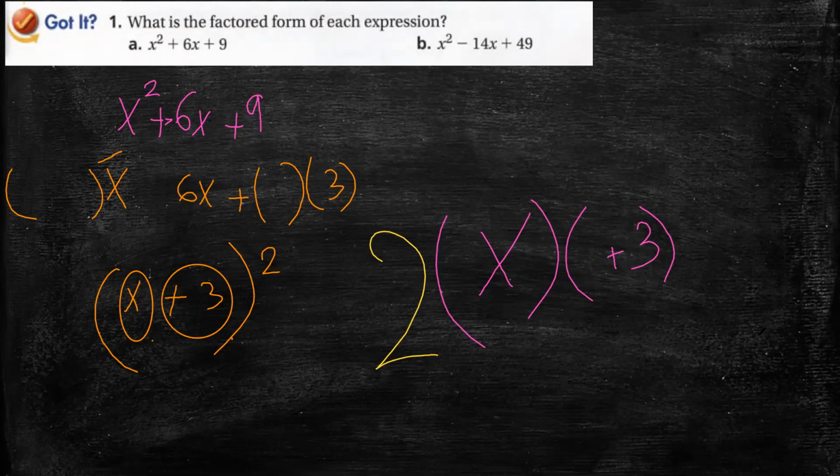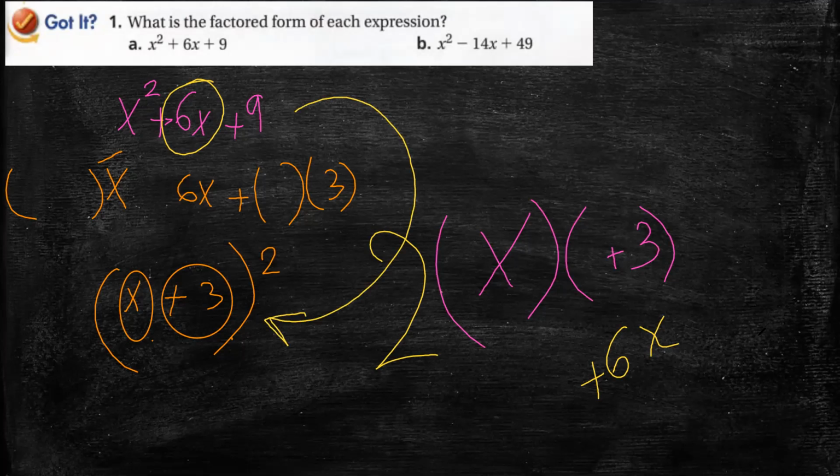Let's see. 2 times positive 3 is positive 6x, which is the same as the middle term. So, since it is yes, I will say that the factored form of this expression is x plus 3 squared.